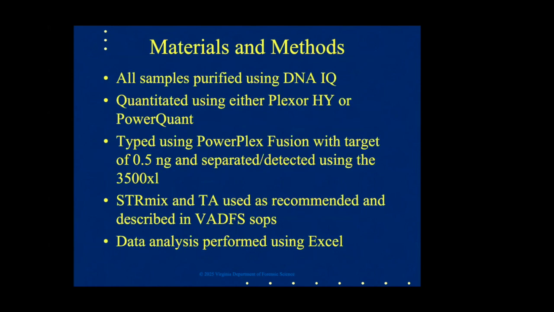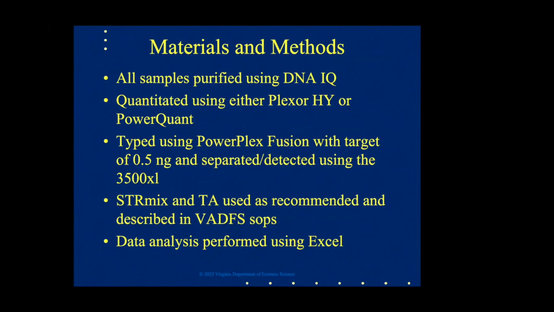Okay, next. So just briefly, materials and methods. All the samples were purified using DNA IQ. They were quantitated using either Plexor HY or PowerQuant. They were typed using PowerPlex Fusion with a target of 0.5 nanograms. We used half reactions and a lower cycle number.